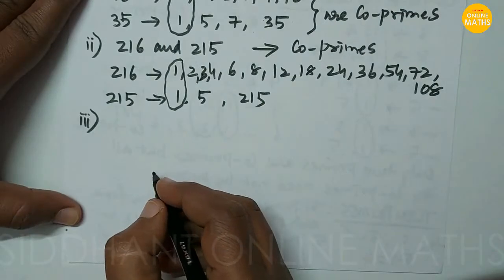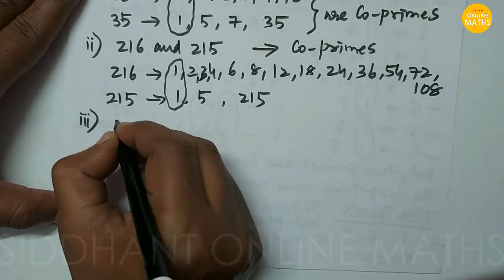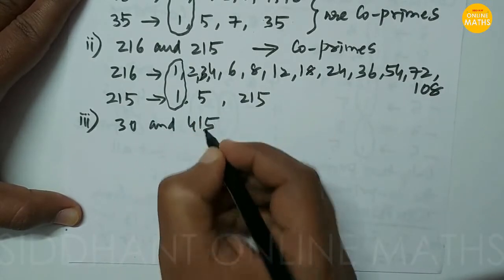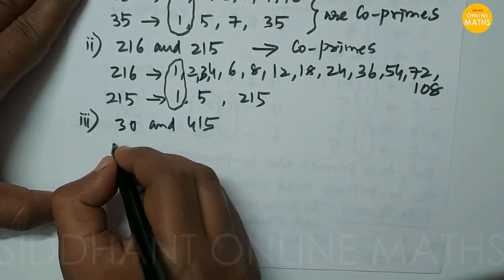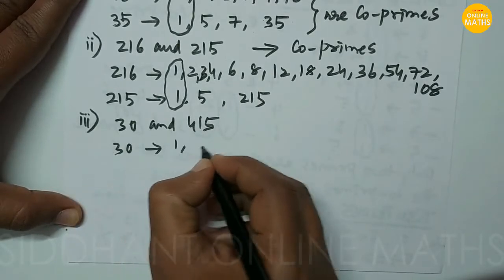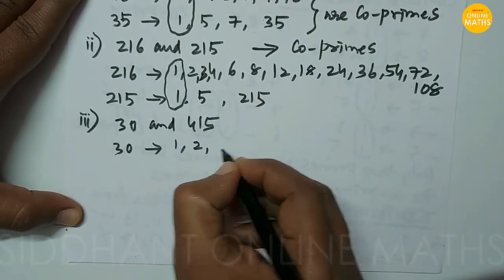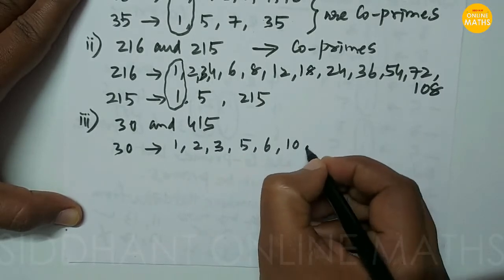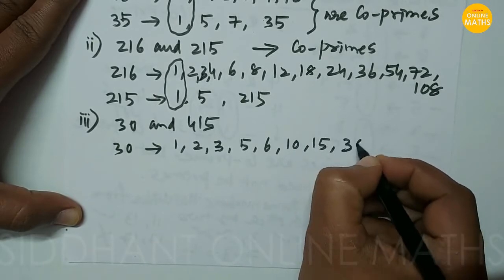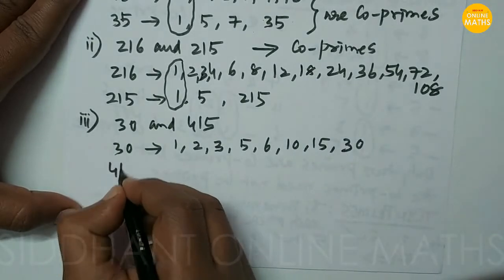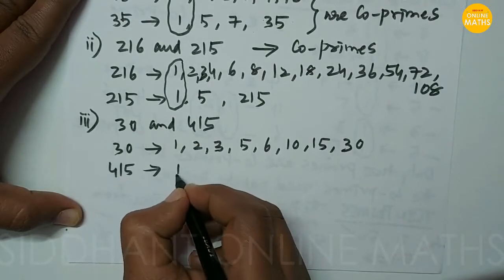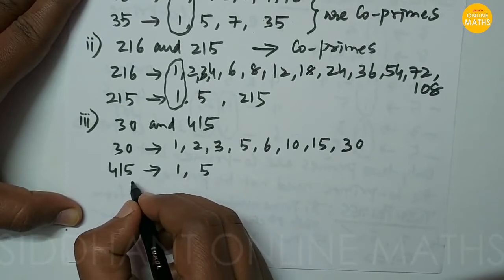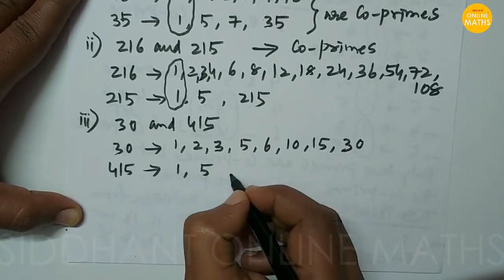Now coming to the third problem, 30 and 415. For 30, the factors are 1, 2, 3, 5, 6, 10, 15 and 30. Now for 415, the factors will be 1 and another factor will be 5, because the unit place is 5, and again the number itself.